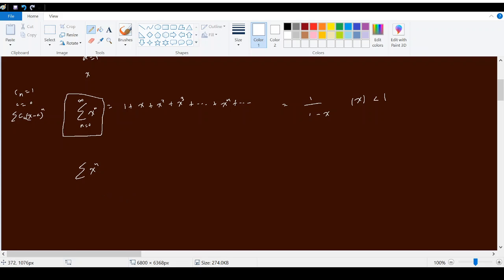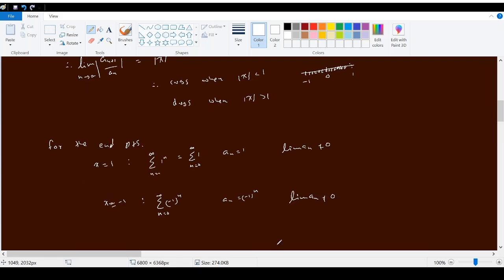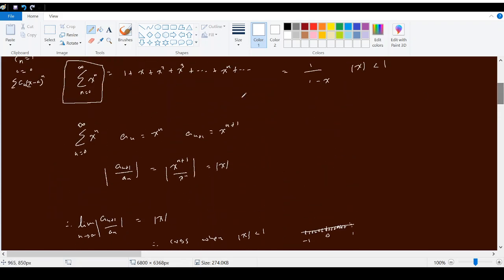To compute that, we can see a_n is equal to x to the power n, therefore a_(n+1) is this one. Then when you get the ratio of these two things, you will end up with the modulus of x.